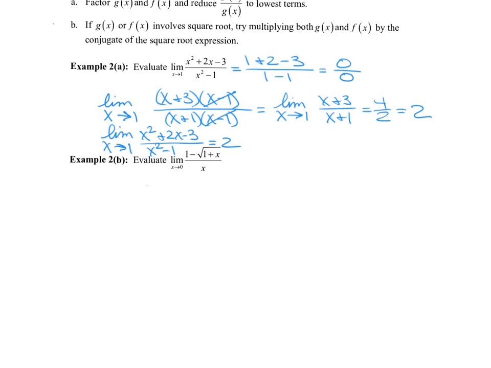Next technique is where there is a radical in the expression. If you simply substitute 0 in for x, you get 1 minus 1 plus 0, and you end up with 0 over 0, which you cannot have. So we are going to multiply numerator and denominator by the conjugate of the expression where the radical is.